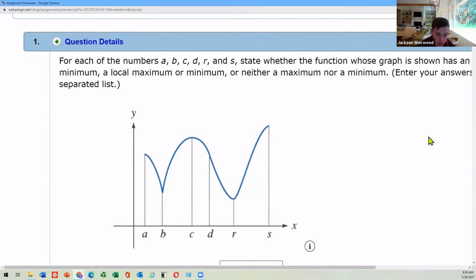S. Agreed. What would be the coordinates of the local max? C. And I do not care if this textbook says it's A and S.